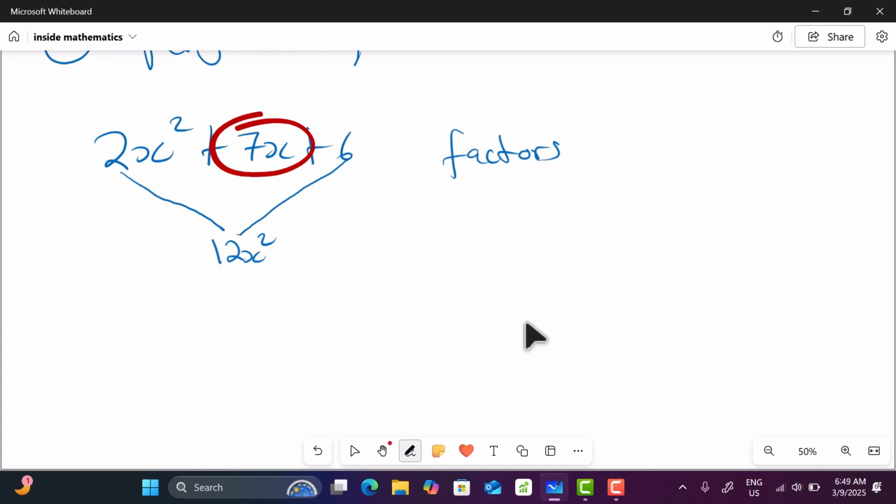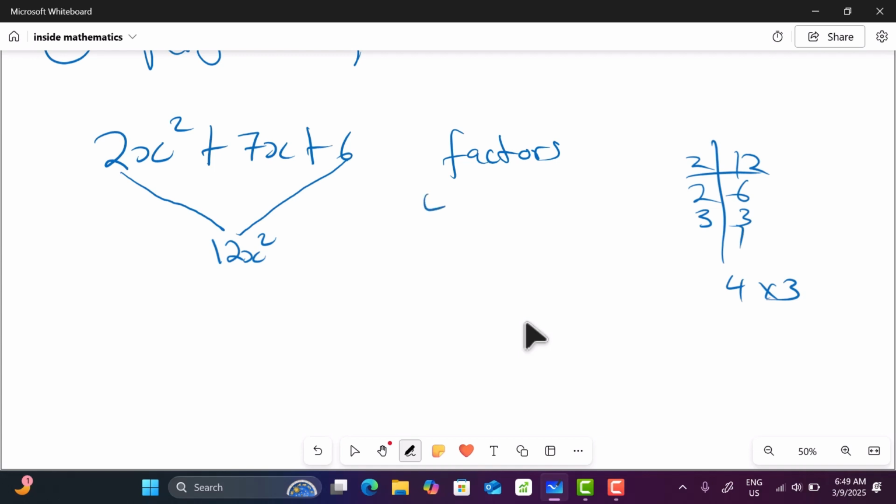So factors of 12, obviously when you do prime factorization, you get nothing but 4 and 3. So let us say 4 times 3 is equal to 12. Then we add an x, we get x squared.